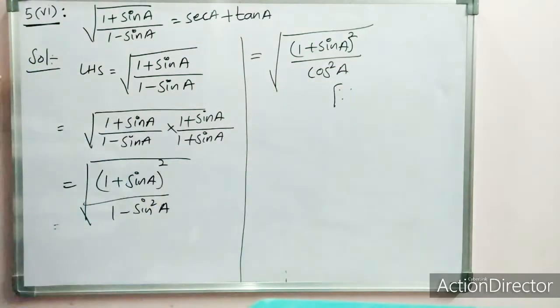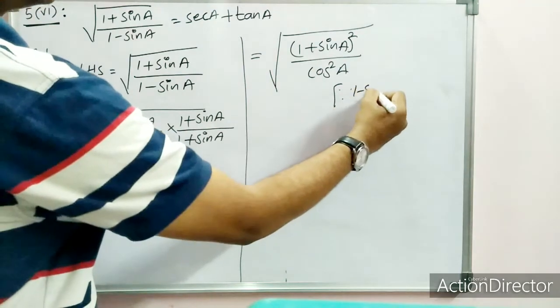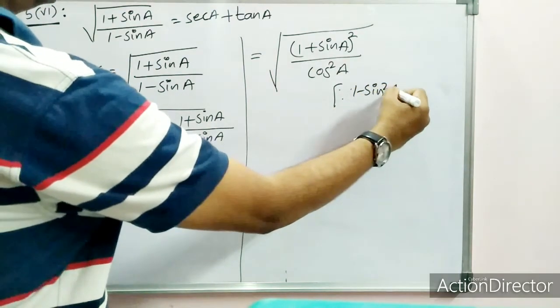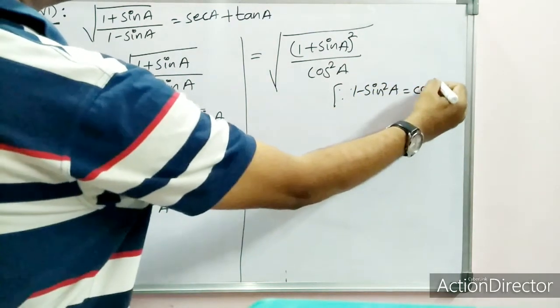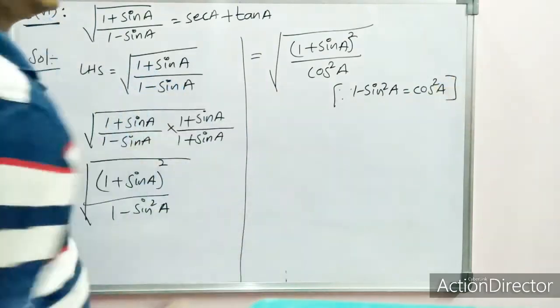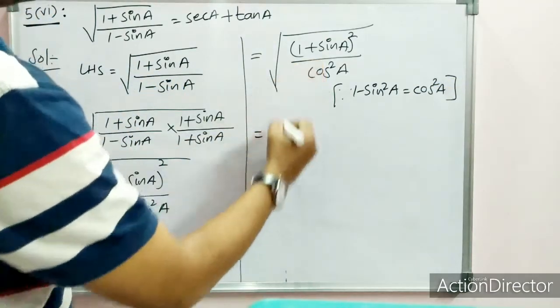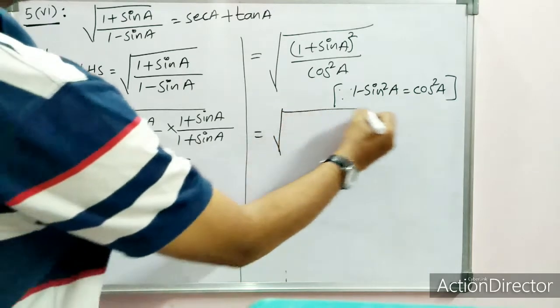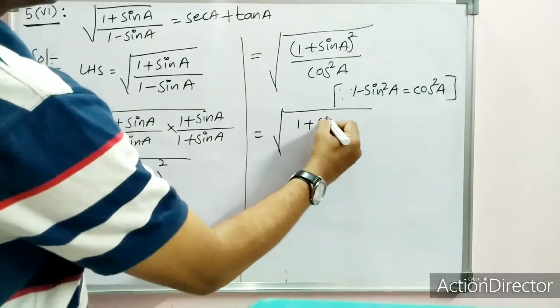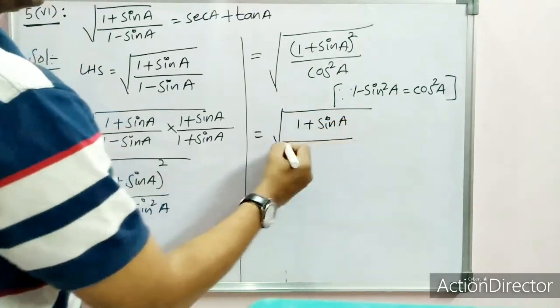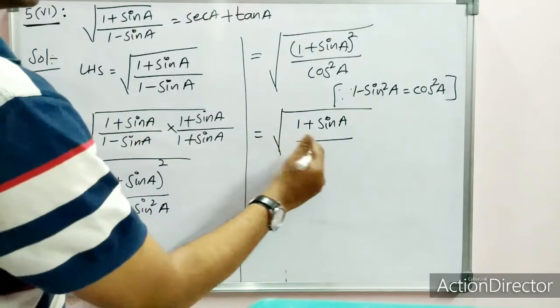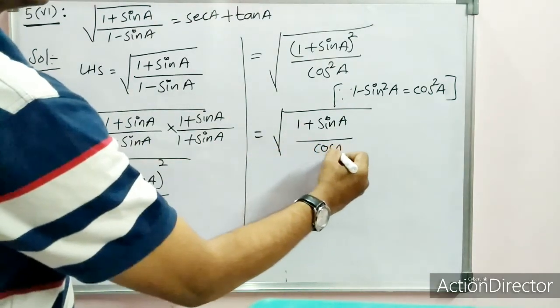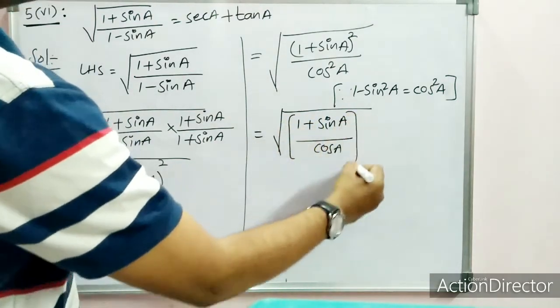We have the first identity, 1 minus sin square A equals cos square A. Now I can write the square root of 1 plus sin A by cos A whole square.